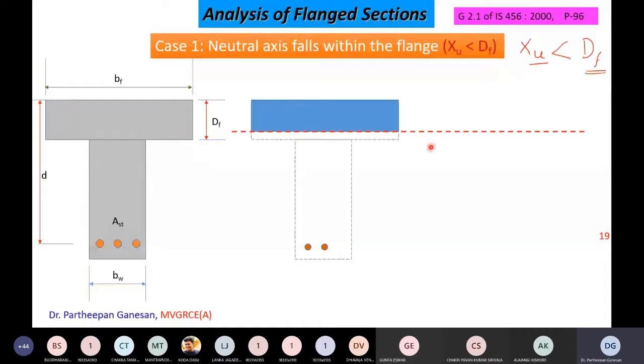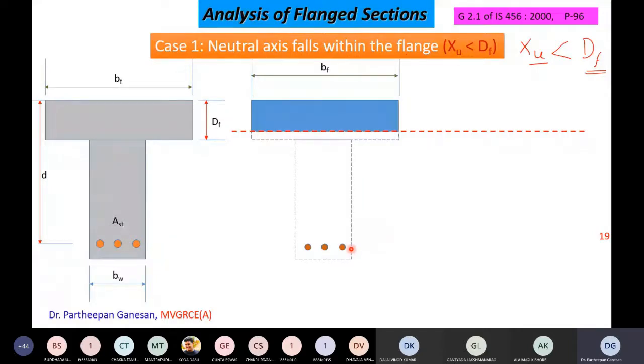As you know, what is the nature of stress above the neutral axis in a simply supported beam? Vinod Kumar, is it compression or tension? This is your neutral axis, and below the neutral axis everything is tension. Actually, all the concrete in the tension zone is neglected as per the assumption given in the IS code, because concrete is very weak in tension.